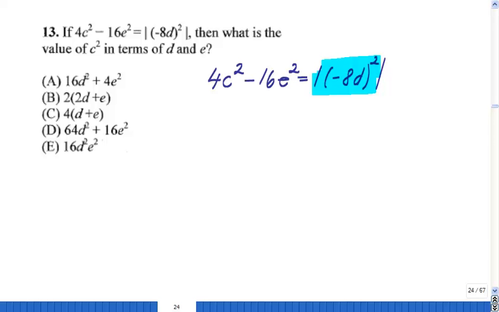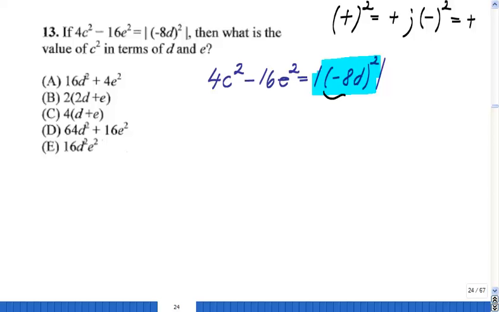And what you guys remember from your very early classes, maybe 6th or 7th grade, if I have a positive number and I'm squaring, the answer is going to be positive, right? If I have a negative number and I'm squaring it, the answer is going to be what? Positive.